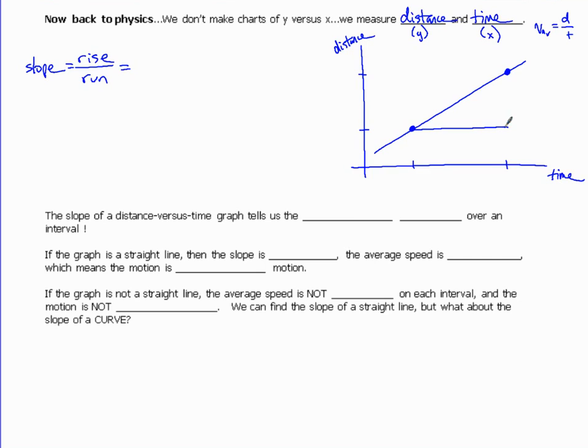This is the run, this is the rise, and what we have is a right triangle. The rise is the change in distance. This is how far we went. The run is the change in time. This is how long we were moving.